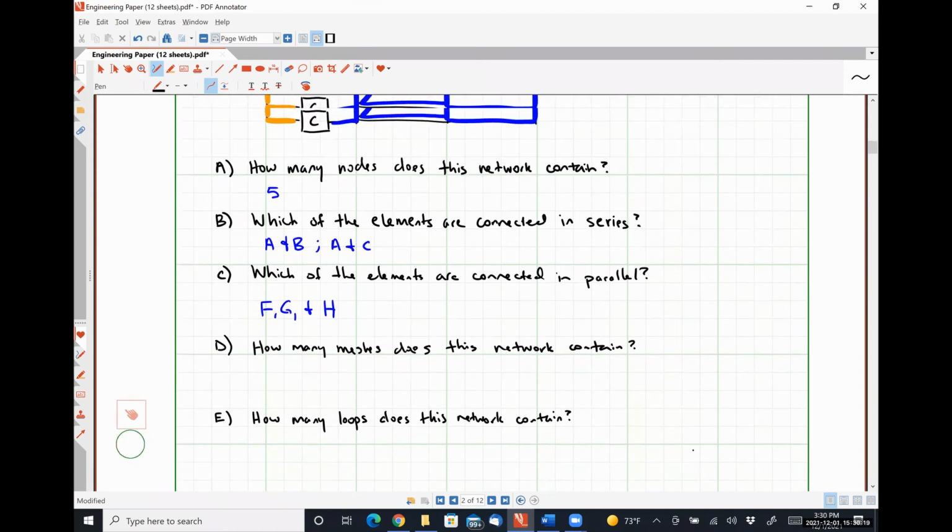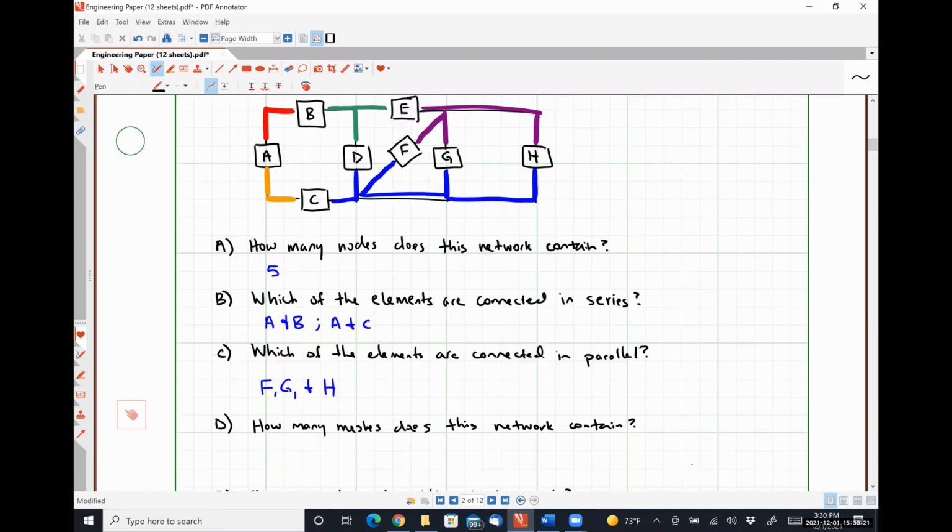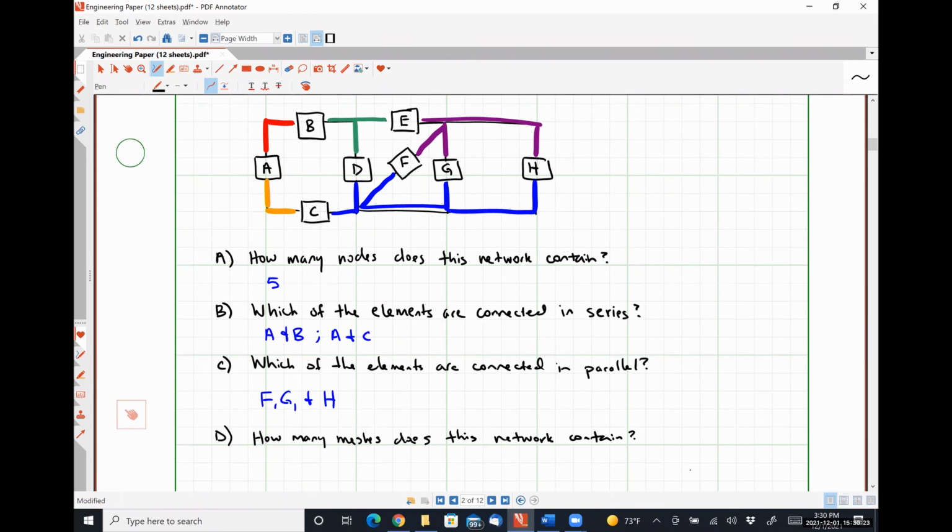So Maggie, how many meshes do we have here? 4. So let's identify them. I'm going to try to use colors that we can see that I haven't already used.